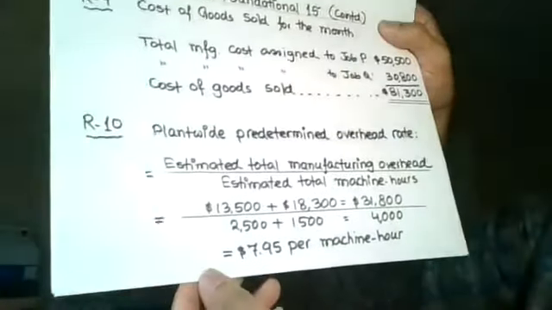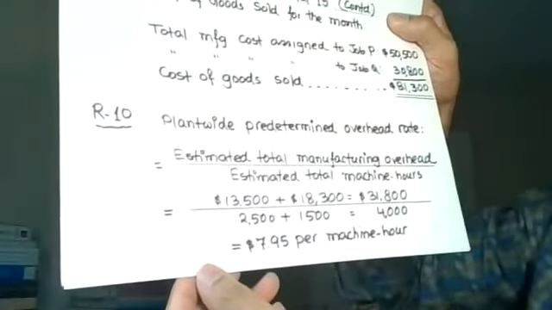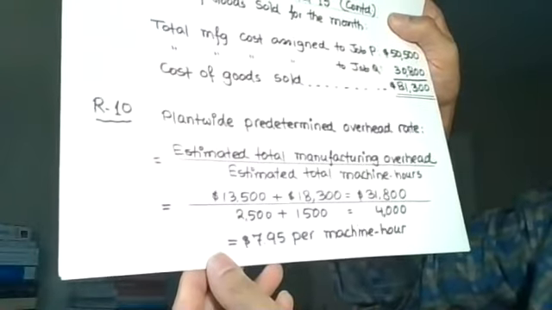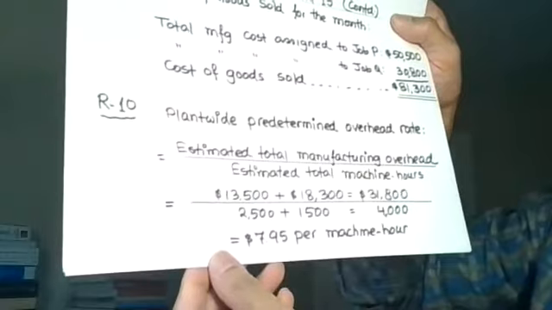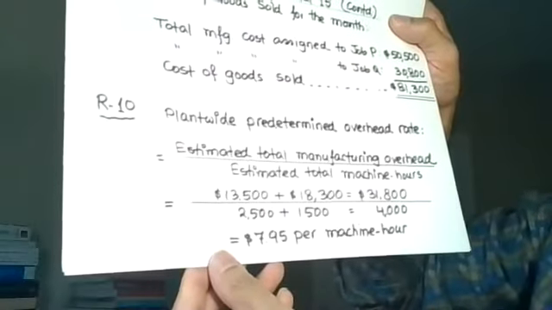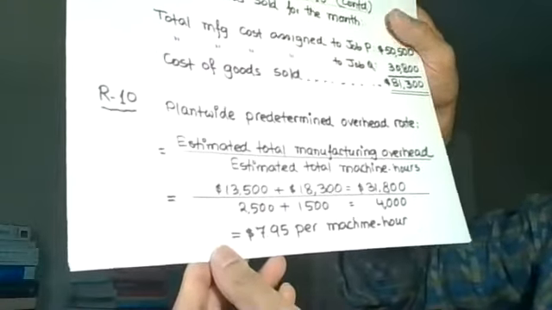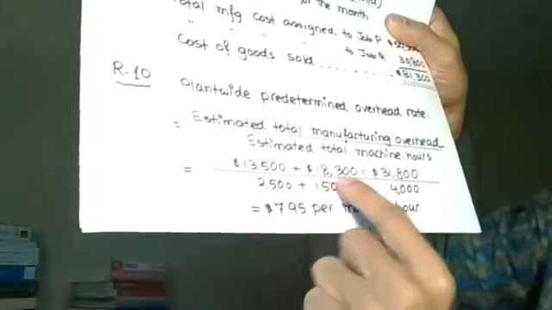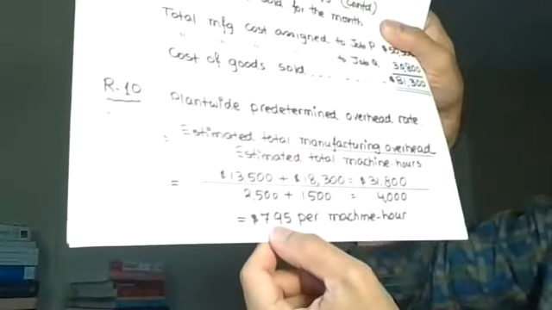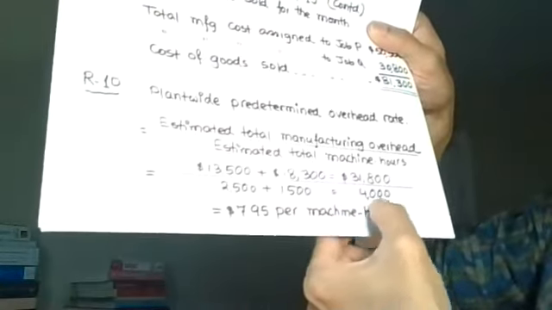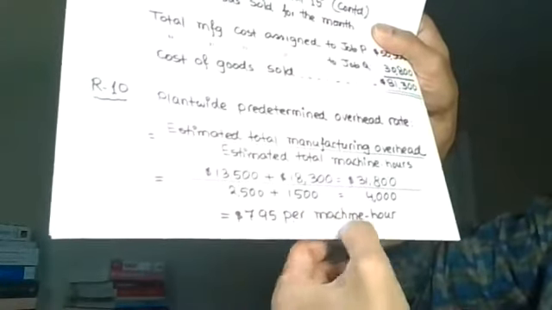Okay, now come to the plant-wide predetermined overhead rate, which is estimated total manufacturing overhead divided by estimated total machine hours. So total manufacturing overhead was 13.5 plus 18.3. Remember those were in one of the early requirements. And we divided by 4,000. One was 2,500 and the other was 1,500 hours.